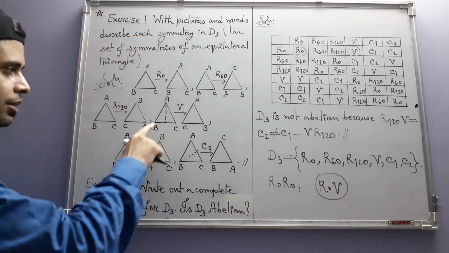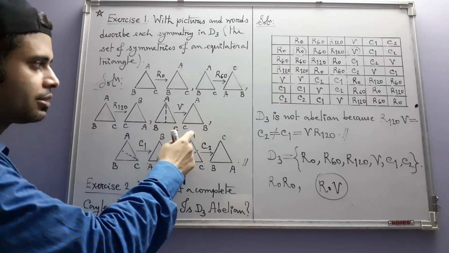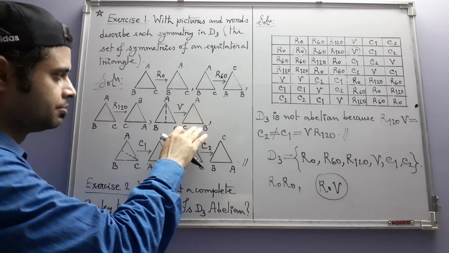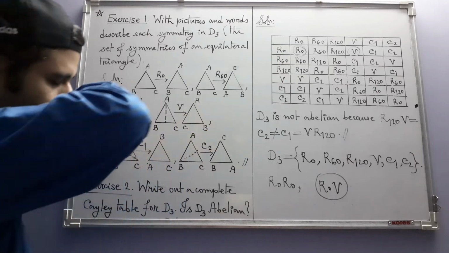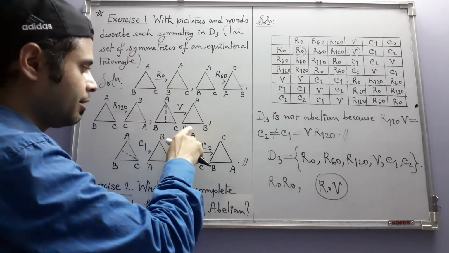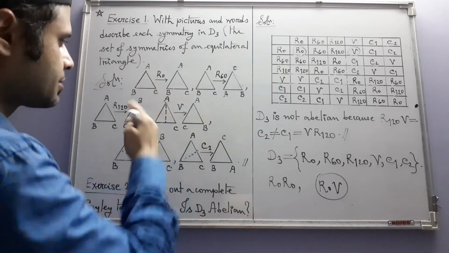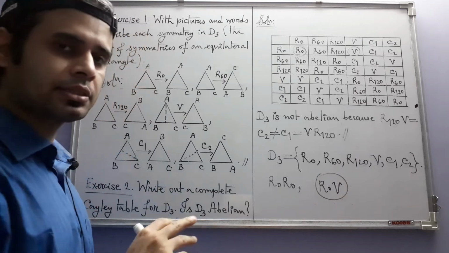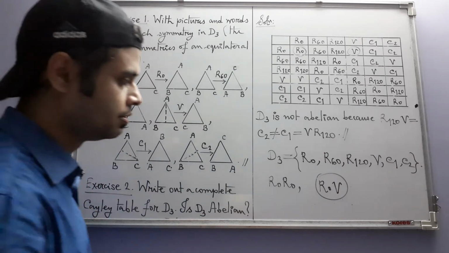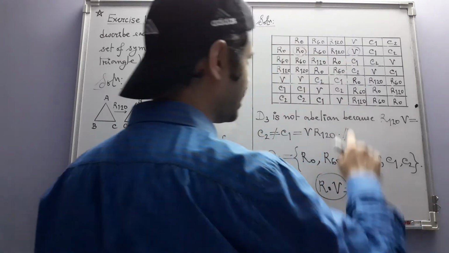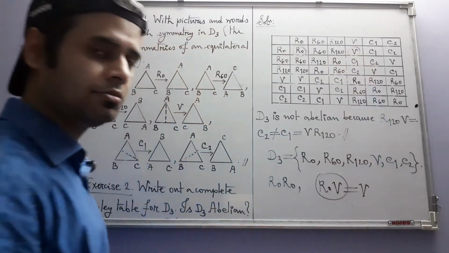Applying V first means it flips the triangle about the vertical perpendicular bisector. But then if you apply R naught, nothing happens because R naught does nothing. So applying R naught V is the same as applying V. That's why this is equal to V, and that's how we get this entry V.